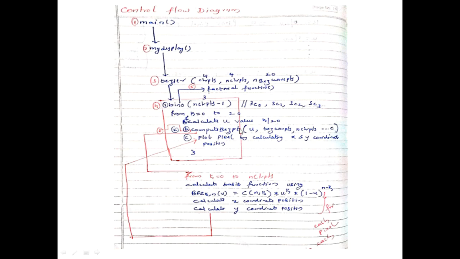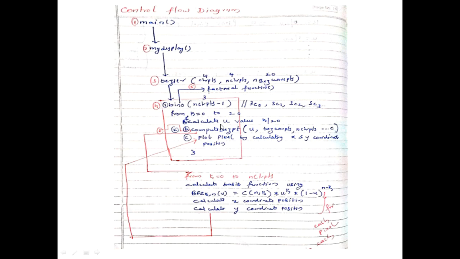The first time, k value 0, 0 by 20 gives the u value for the first pixel. When k is incremented by 1, k becomes 1, and 1 by 20 is the u value for the second pixel. Like this we go on substituting k up to 20, where 20 by 20 gives 1.0. So we calculate the u value in each iteration.